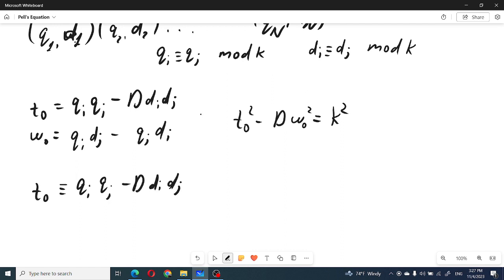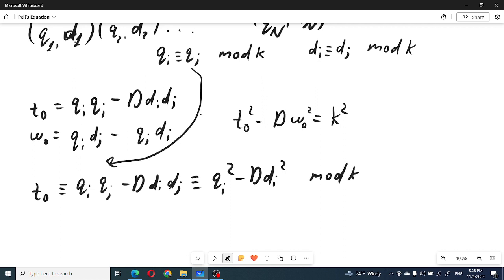Now we can use the fact that qi equals qj mod k and di equals dj mod k. So this equals qi square minus d times di square mod k. And clearly this is 0 because this equals k. So we have proved that t0 equals 0 mod k.